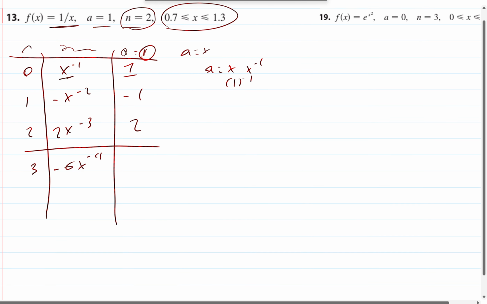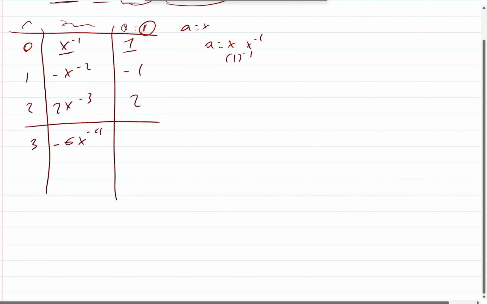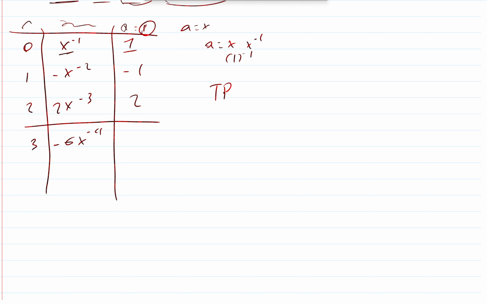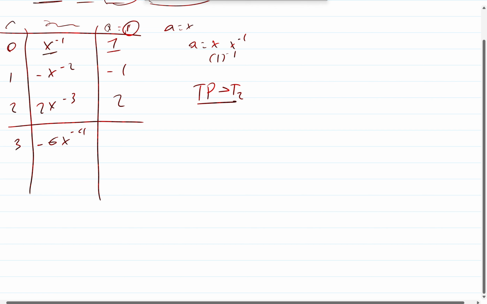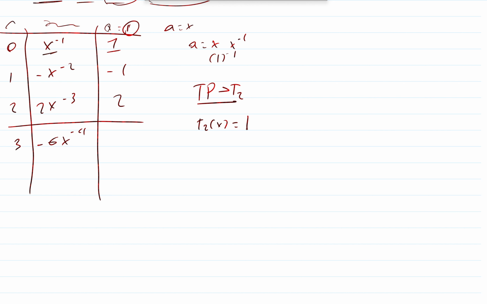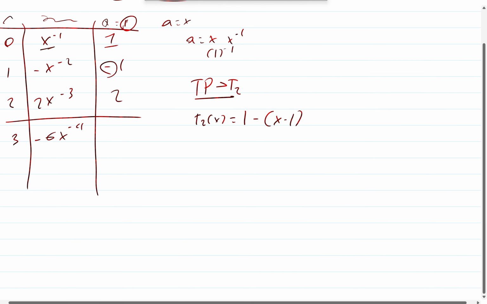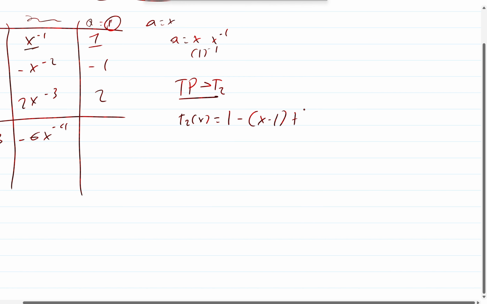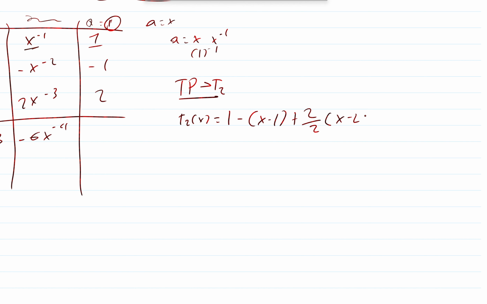Anyways, what should we do from here? Remember the Taylor polynomial, T2. So T2(x) equals 1 minus (x minus 1), because it's negative here, plus 2 over 2 times (x minus 1) squared.